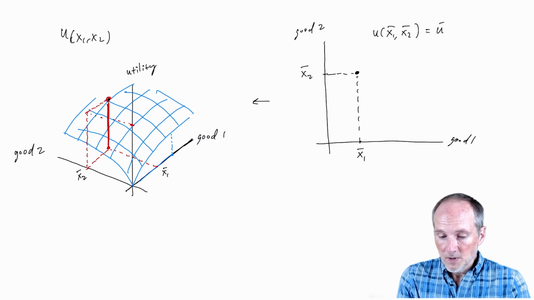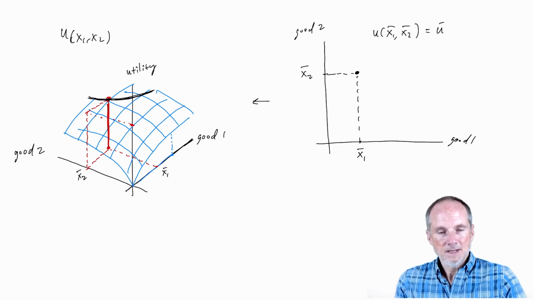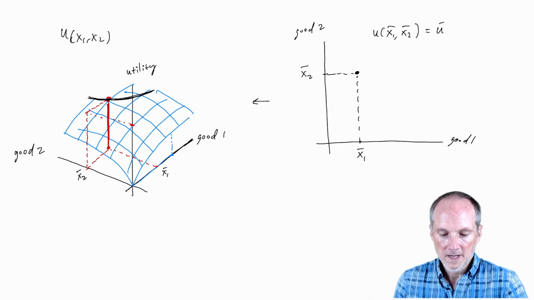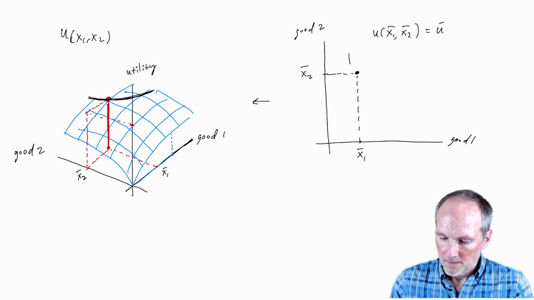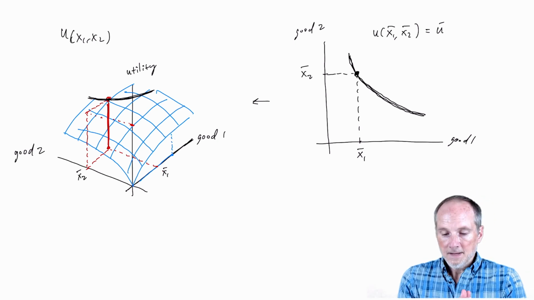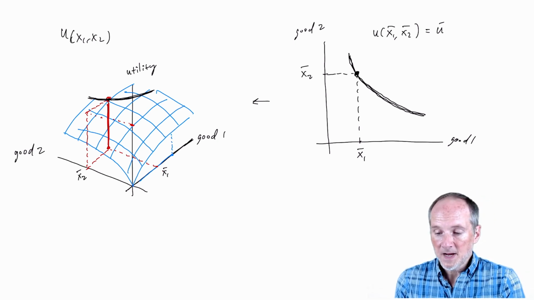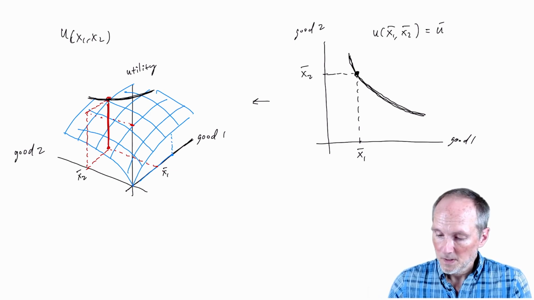Now you can imagine walking around the hill in either direction, doing so to just maintain the same altitude. The bundles that you're walking over are going to be maybe a curve like this. And the utility of all those bundles is the same as u bar.